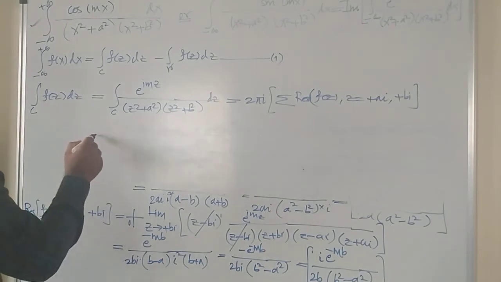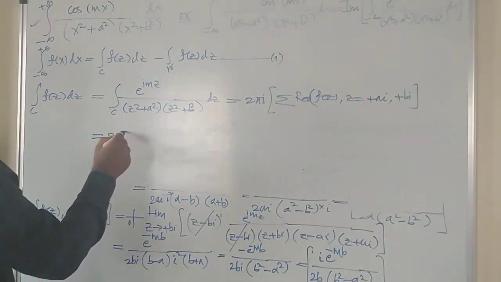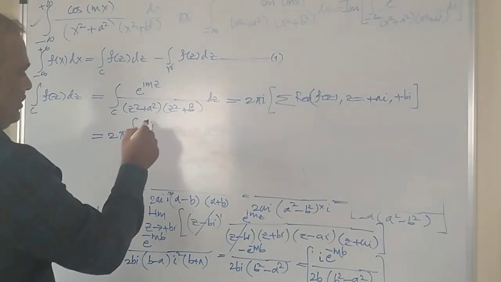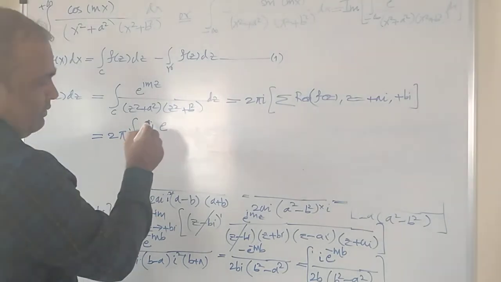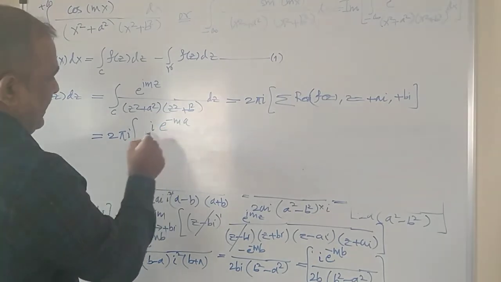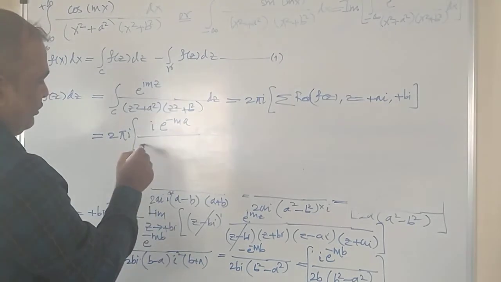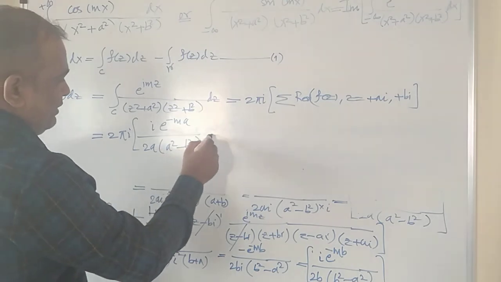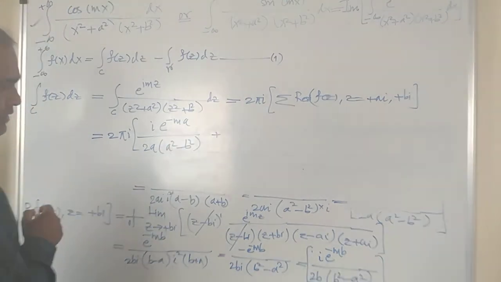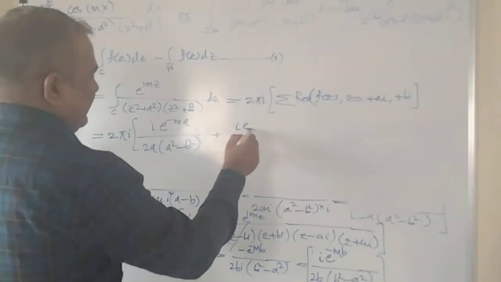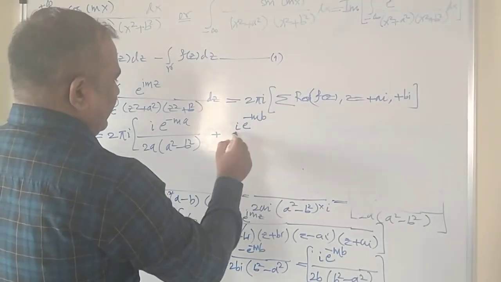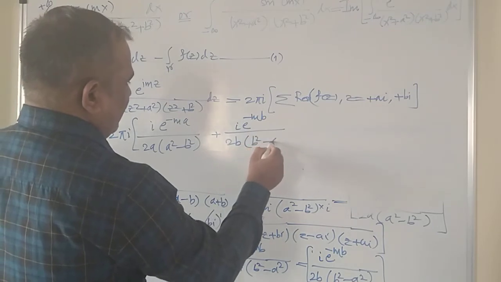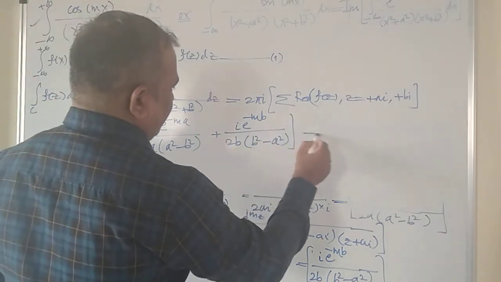So this is equals to 2πi into summation of residues. What is the first residue? First residue is i e raised to minus πm a divided by 2a into (a squared minus b squared), plus second residue is i e raised to minus πm b divided by 2b into (b squared minus a squared).